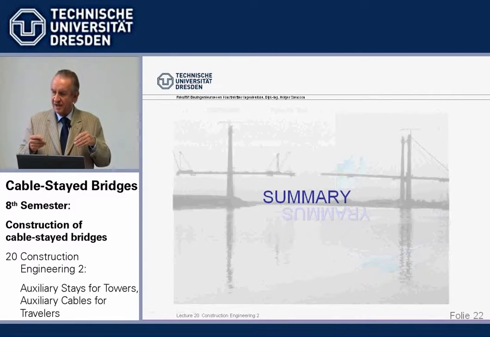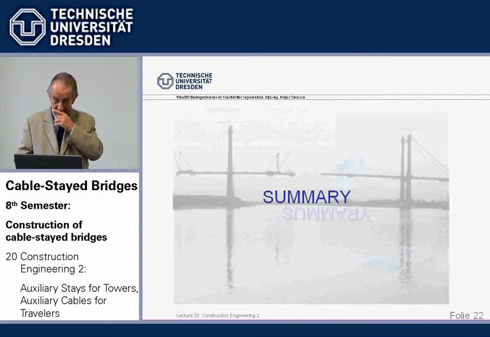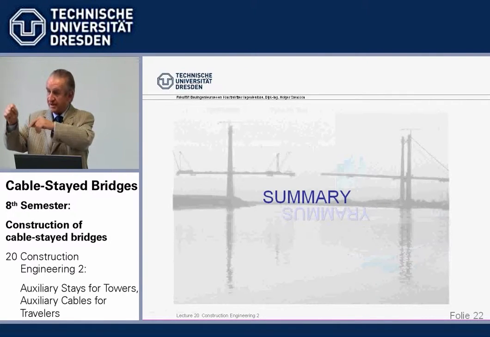The easiest way is using a floating crane which just takes loads off the bridge but doesn't put any temporary loads on. But life is not so easy all the time, so very often we have to use a derrick which we have to place and move and take off.